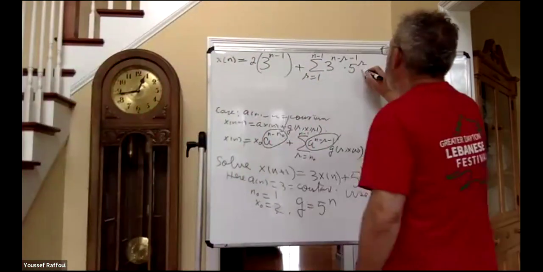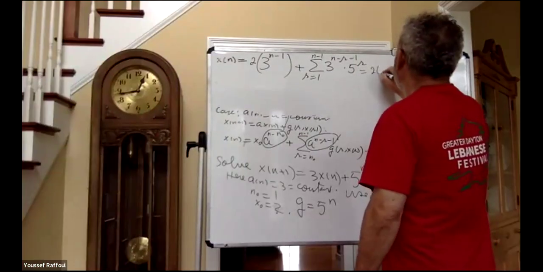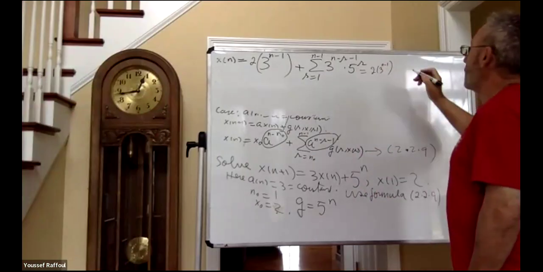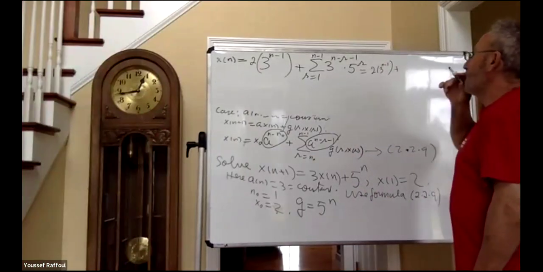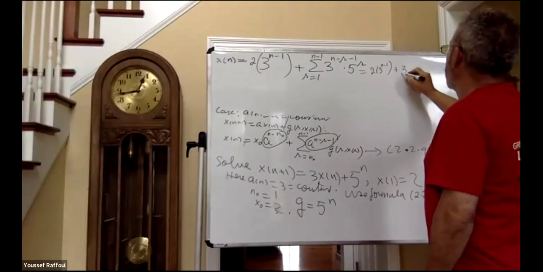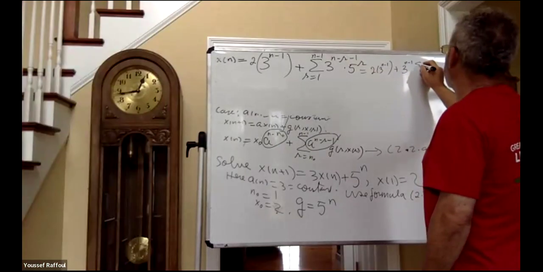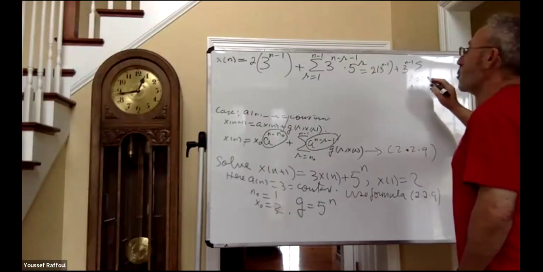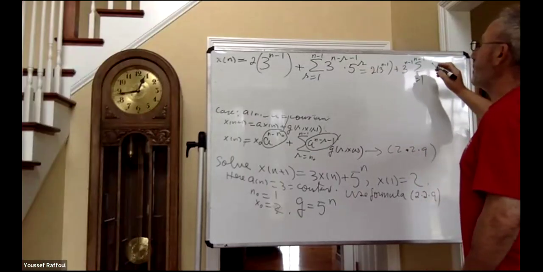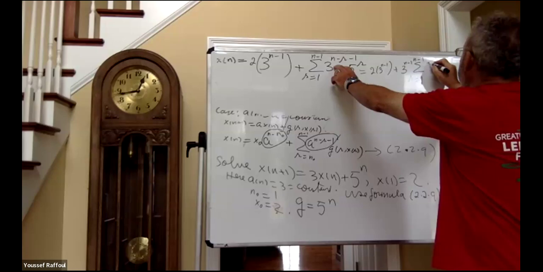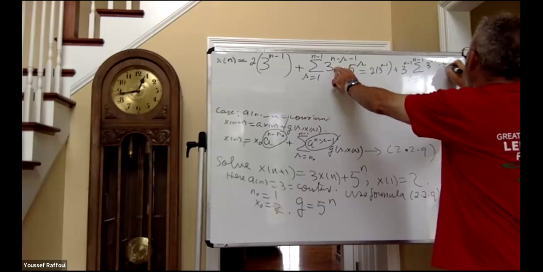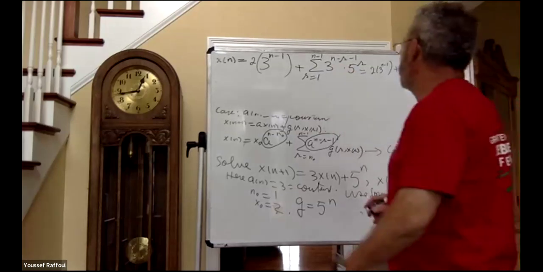So this is 2 times 3 to power n minus 1 plus 3 to power n minus 1. I'm going to take this out. Sum from r equal 1 to n minus 1 of 3 to the power minus r times 5 to power r.